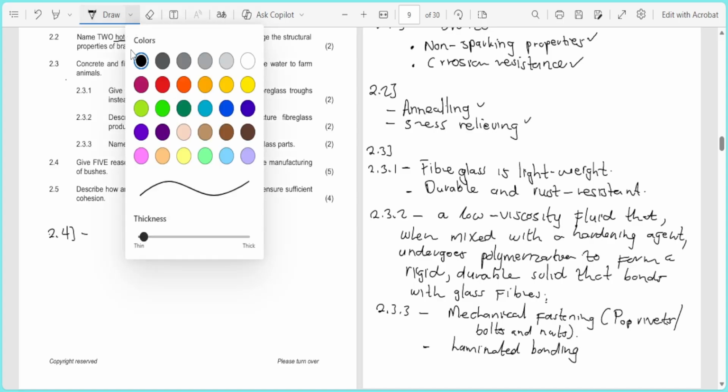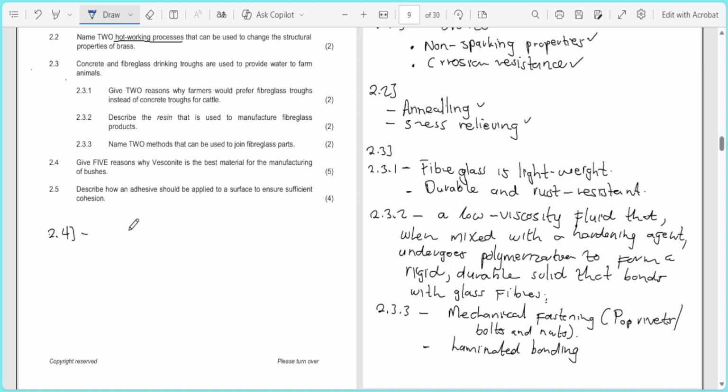Okay, let's change the color of our pen, perhaps blue this time. So we have point number one: self-lubricating.